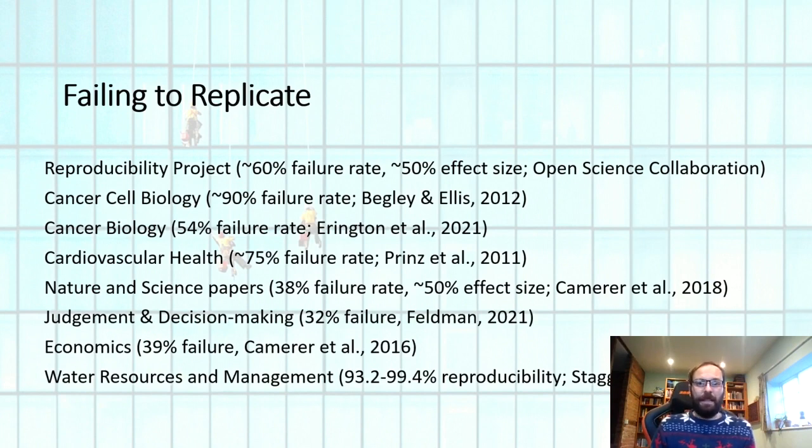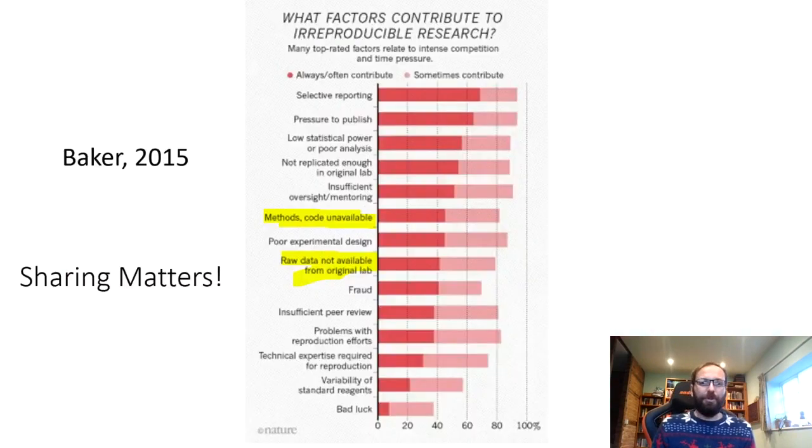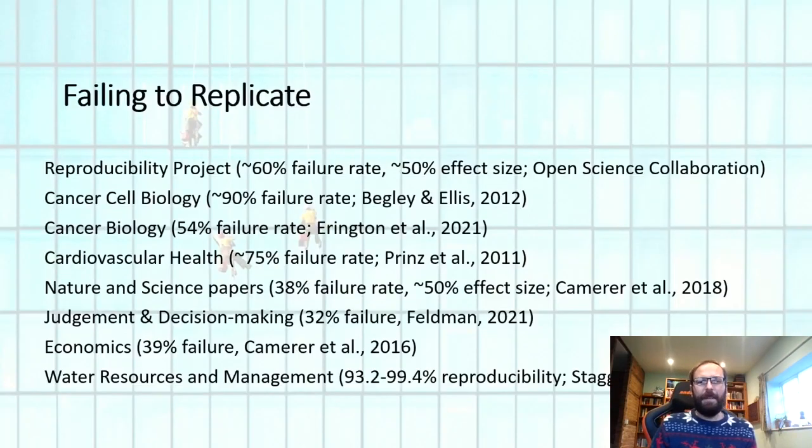So when we've used a similar sort of approach or technique to try and explore the same effect of interest, so the same hypothesis or the same effect of an intervention on a certain outcome, it tends not to be reporting the same results. So the first one here, the Open Science Collaboration, tended to find effect sizes about half of that originally reported.